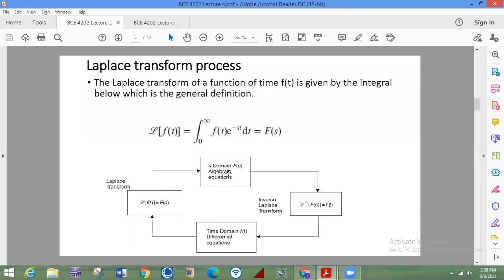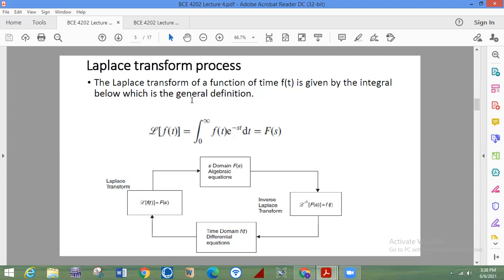You obtain that equation. Then you can do inverse Laplace transform to take it back to a time domain equation or an equivalent of that time domain equation. So basically, this is what it means.